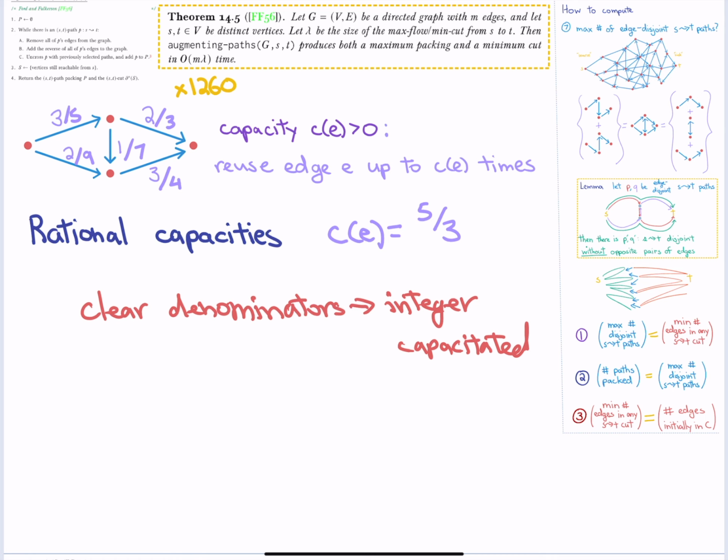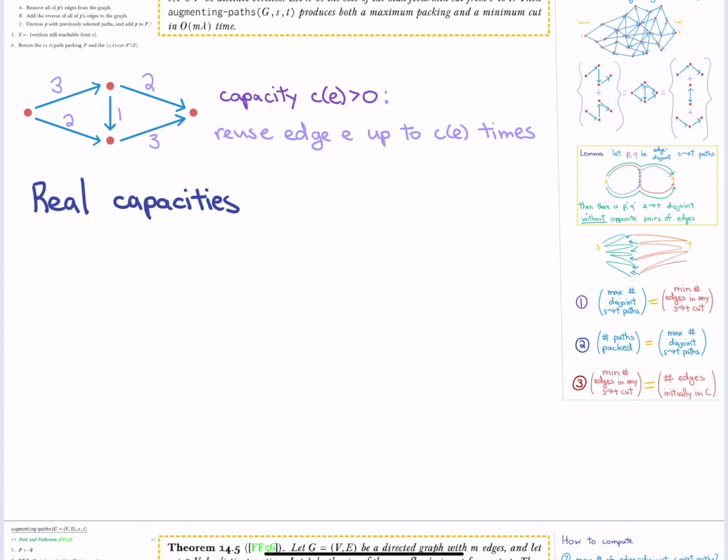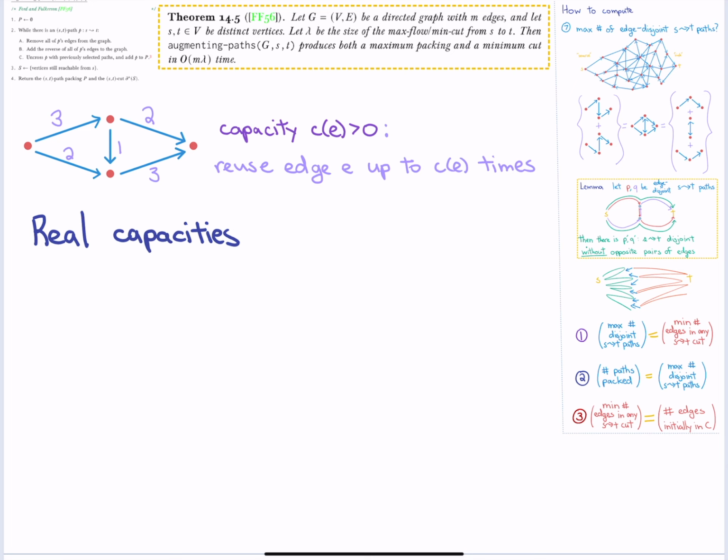Okay, last but not least, is real capacities. So there may not actually be fractions, there might be something weird like pi thrown in, or square root 2, or something like that. Irrational values, they exist. So a simple scaling and clearing denominators trick doesn't work. But I would love to reestablish it, because these things are funky.